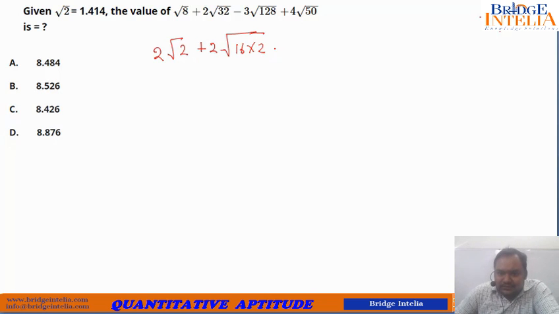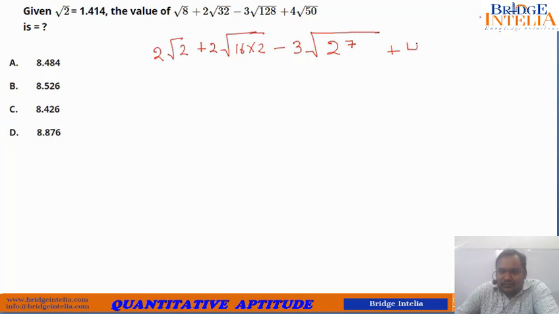So if you find this difficult, okay. Now 128. So try to break 128. So 128 can be written as, 128 is in fact a power of 2. It can be written as 2 to the power 7.